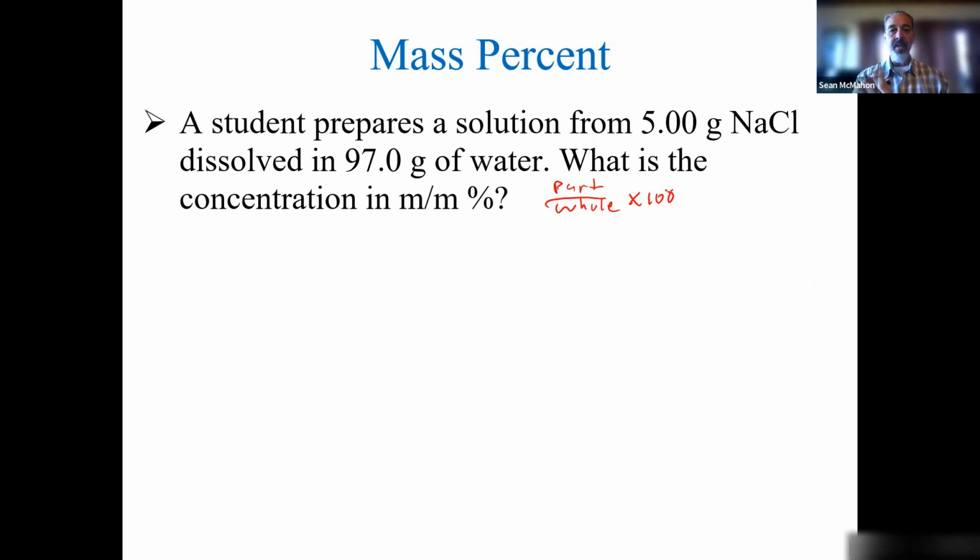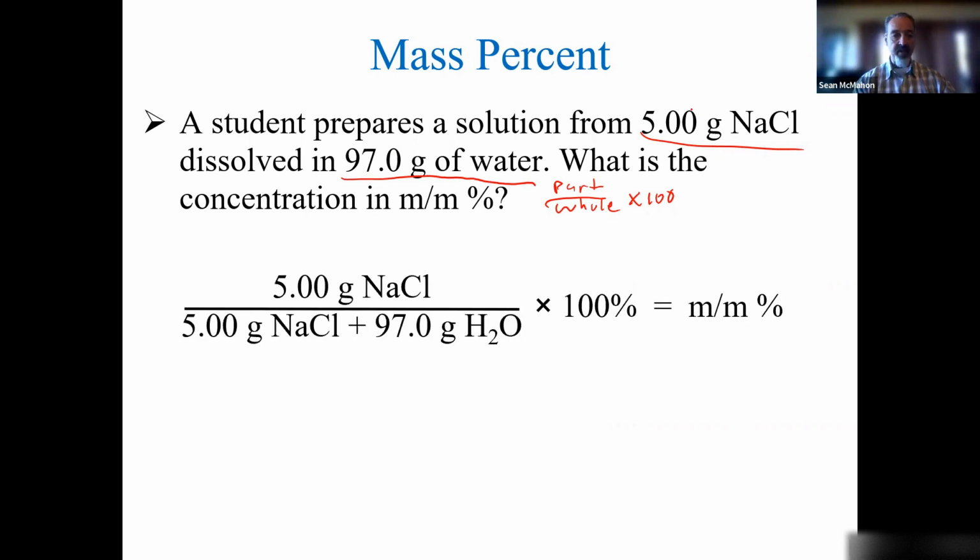The smaller quantity is the solute and is the 5 grams of sodium chloride. The whole is the solvent, the larger quantity, plus the solute. The solvent is the water. Why? There's more of it. But for the total whole, I have to add the water mass and the solute mass to get the mass of the solution, because it's solute plus solvent. So 5 grams divided by 5 grams plus 97 grams times 100.